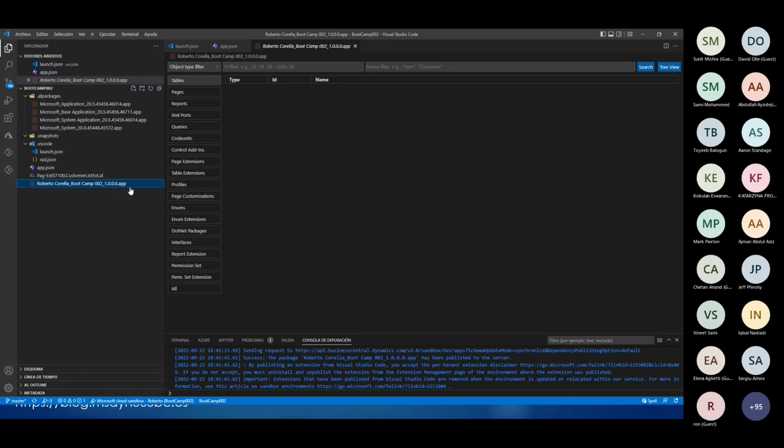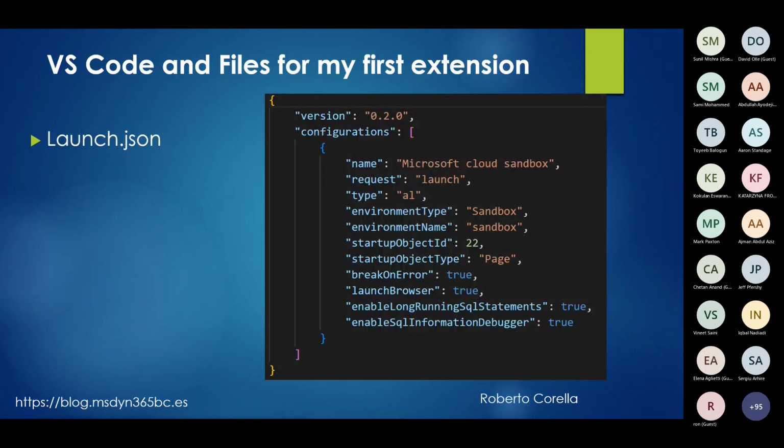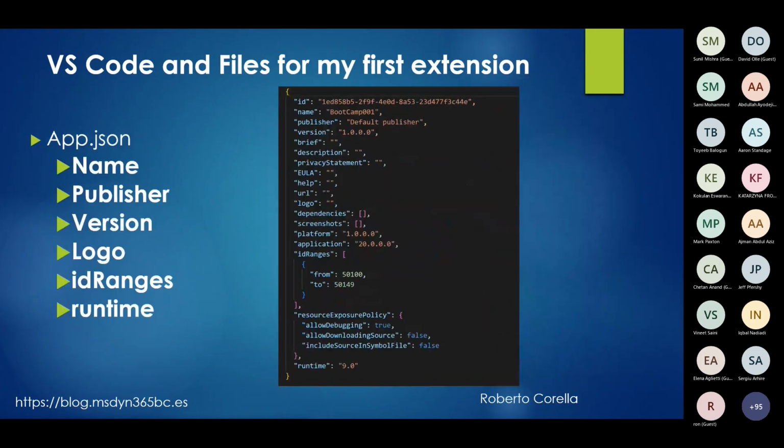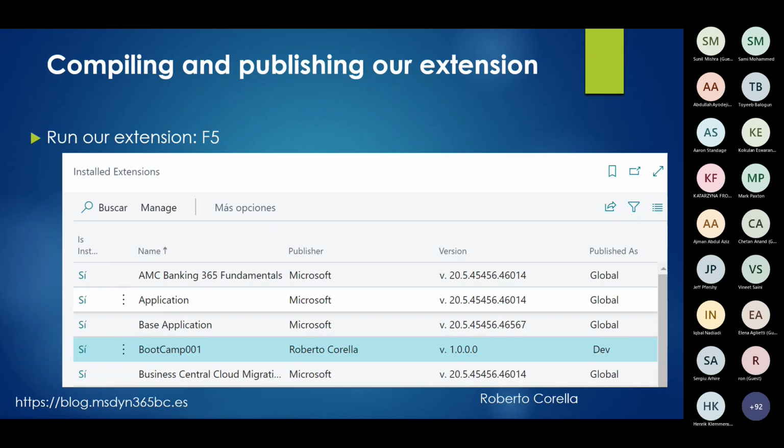This is the app file. Okay, we can see all of this. This is the app JSON: name, publisher, version, logo, ID, range, and runtime. The most important. We need all of them, but at this level, in 50 minutes, it's not possible to see all of them.